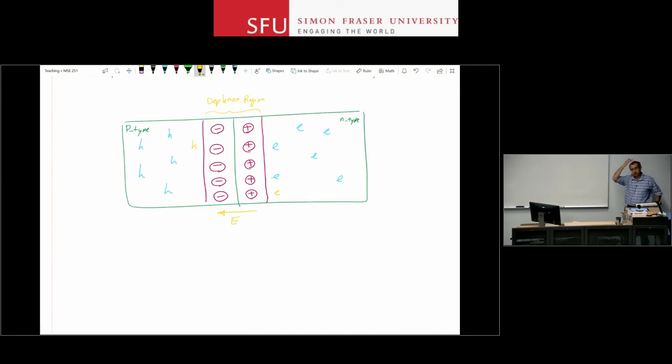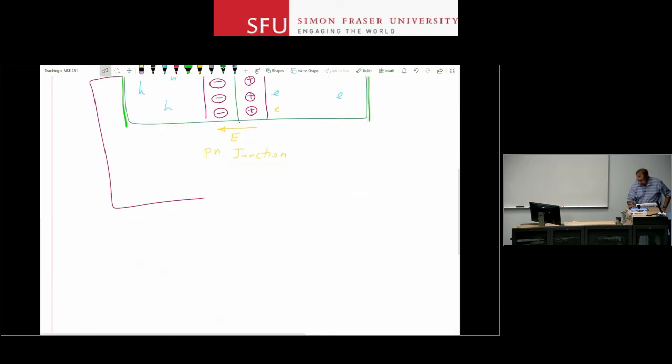Now, with this structure, we call it a PN junction, right? So you have a piece of P material connected to a piece of N material. Now, let's see what happens if we apply a potential to this material from outside.